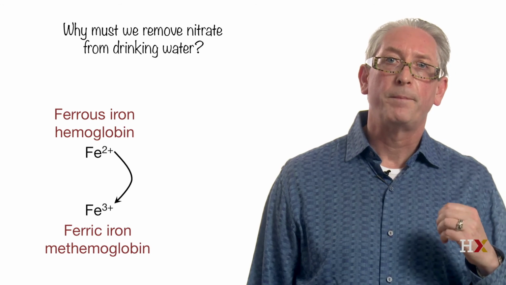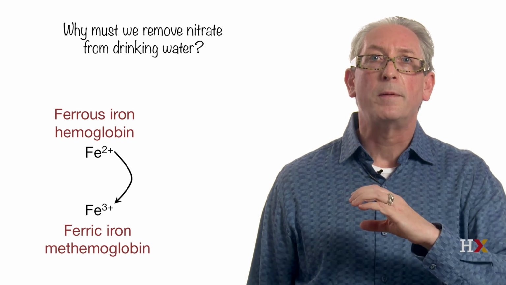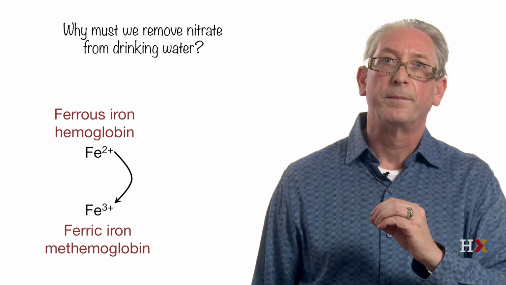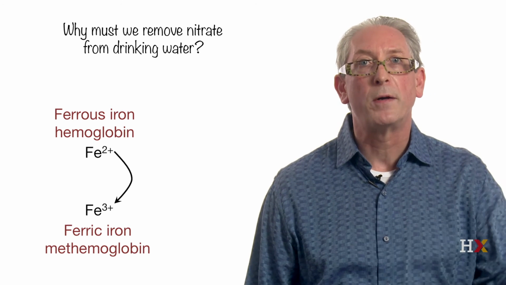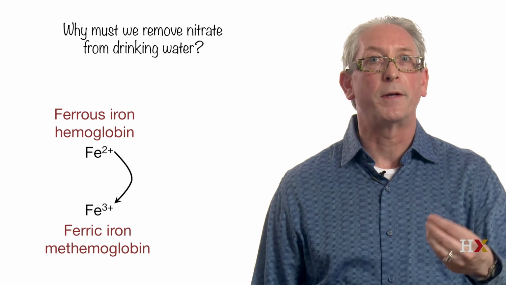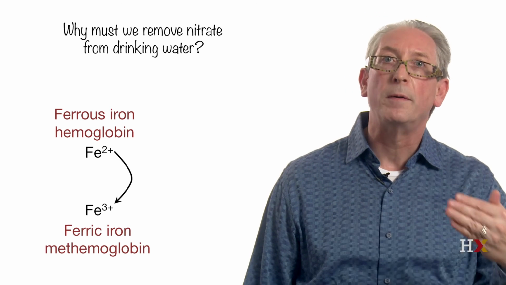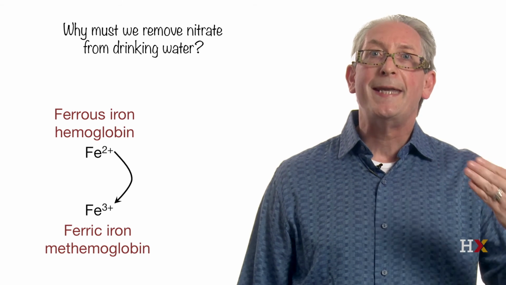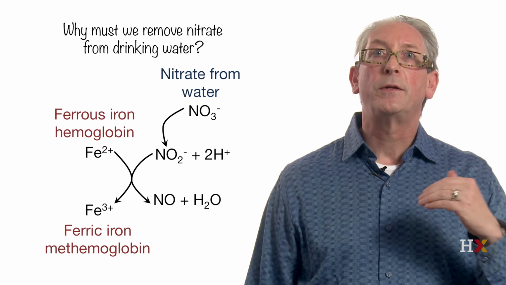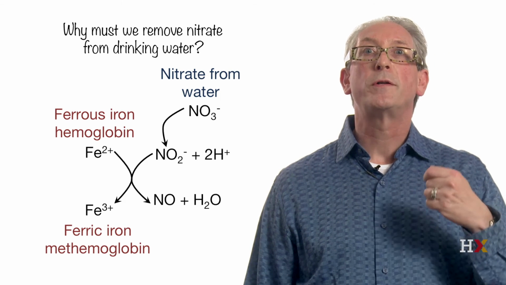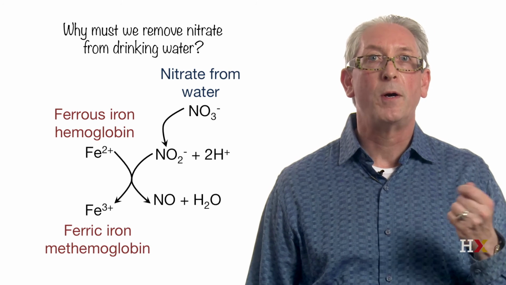If you remember, hemoglobin can get oxidized into what is called methemoglobin, where the iron is in its ferric 3+ state. And this hemoglobin cannot bind oxygen. When nitrite enters the red blood cells, nitrite will cause the oxidation of hemoglobin.